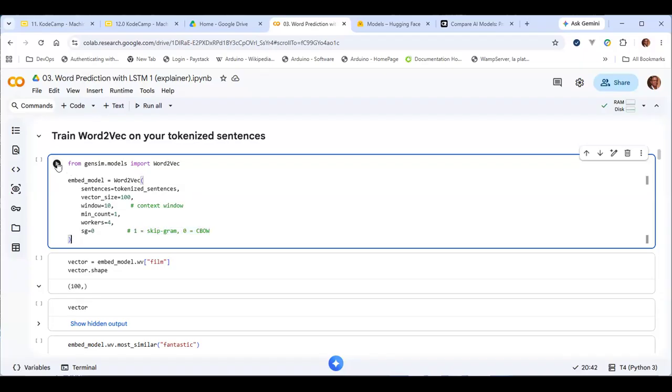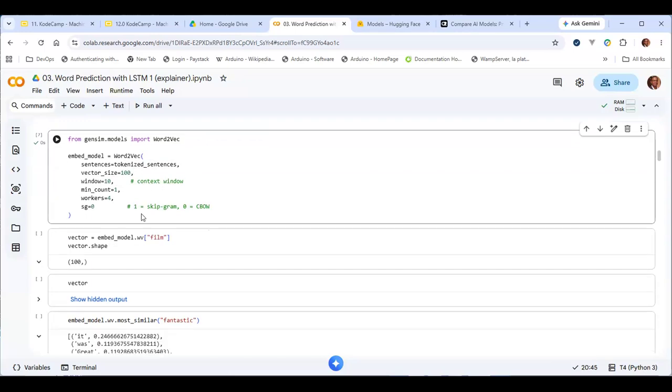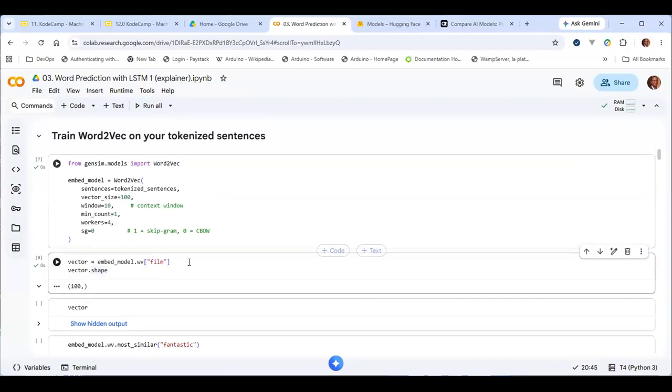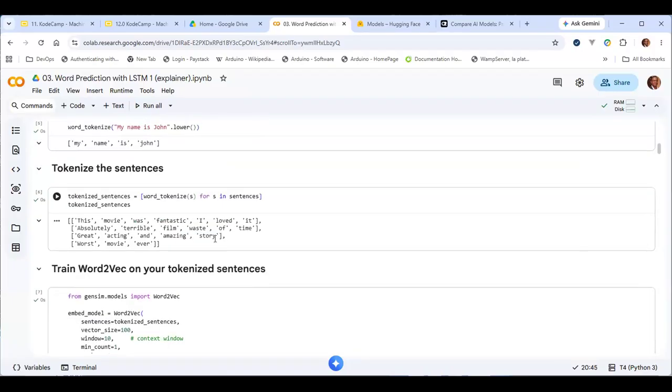Okay, so when you run this, you essentially embed, right? So you can then look at the shape of your embedding. Remember the words here: 1, 2, 3, 4, 5, 6, 7, 8, 9, 10, 11, 12, 13, 14, 15, 16, 17, 18, 19, 20. So we have 20 words altogether, even though there are some repetitions.